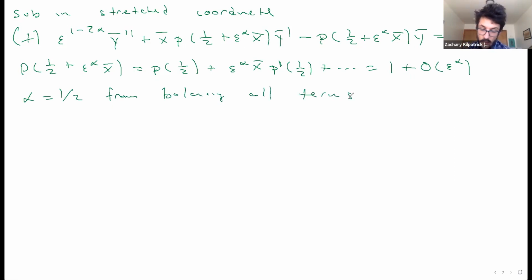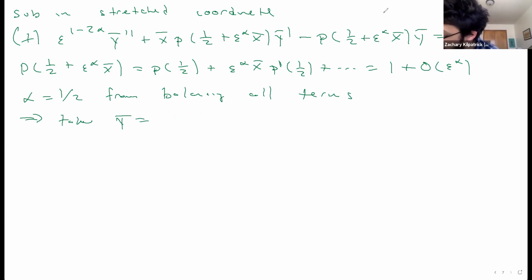Okay. Now we're going to take y bar equal to this regular perturbation expansion. Let me be a little more careful about this.